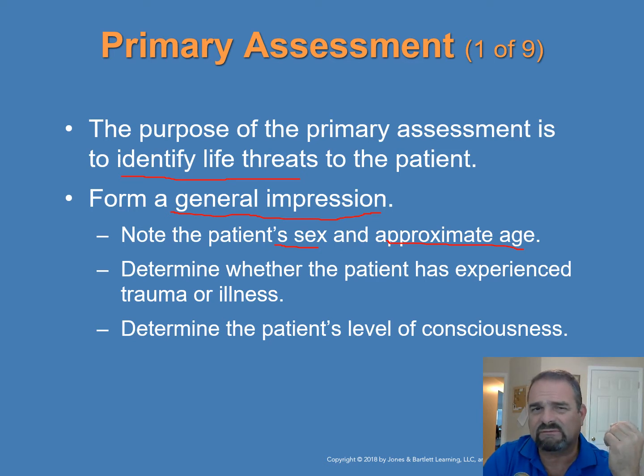Your impressions may help you determine whether the patient has experienced a trauma or an illness. The patient's position or sounds he or she is making may also indicate the nature of the problem. As you address the patient, you may gain some insight into the patient's level of consciousness.